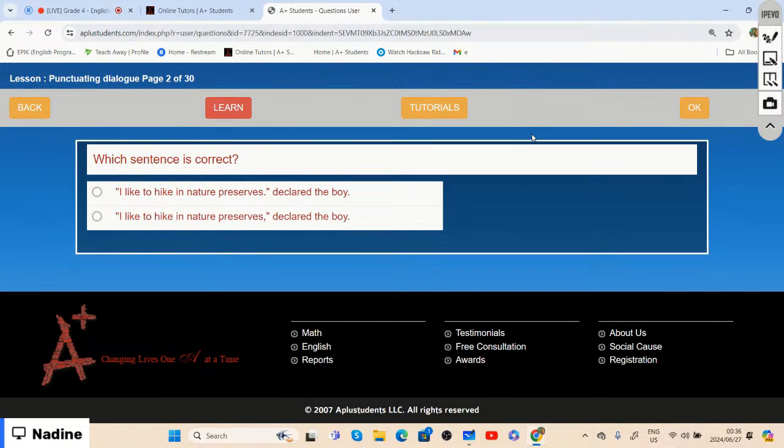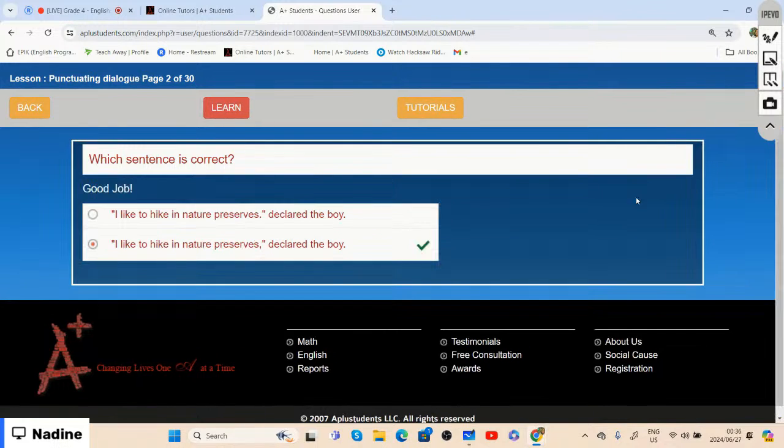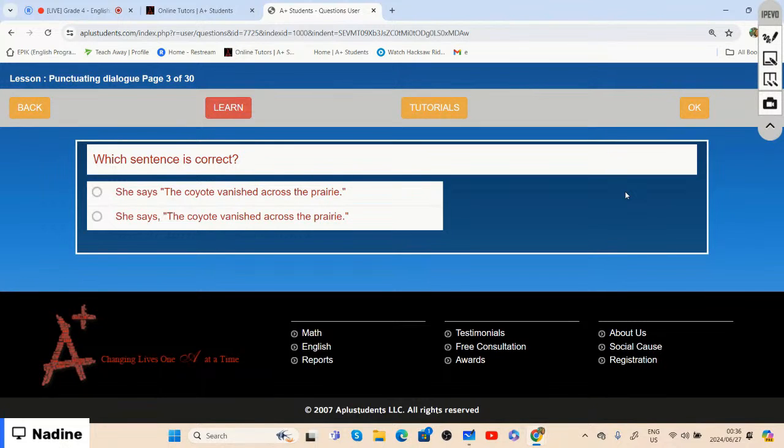All right, and if we were to choose the correct sentence, then yes, we will go with option two, right? Well done, because we said that if our sentence were to end with a period, we change that to a comma before he said, she said, they said. Well done. Option two is correct.